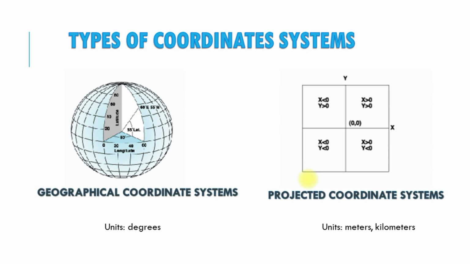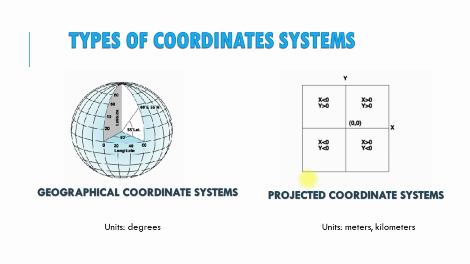Actually, the real coordinate system is a geographic coordinate system. For instance, we use them in GPS and in all the navigation systems in your mobile phone. But as a GIS professional, you will mostly use projected coordinate systems.